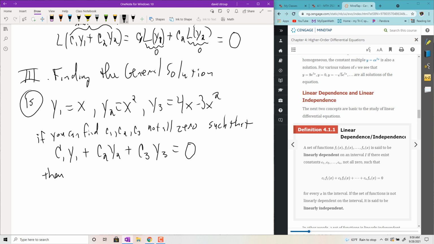Okay, you don't need it, and at least one solution is unnecessary for our purposes. And in that case, when you have a solution that's unnecessary, the overall set of solutions will be called linearly dependent.